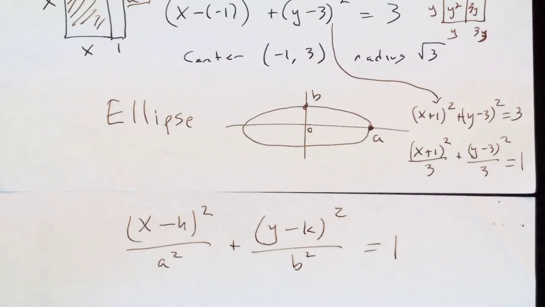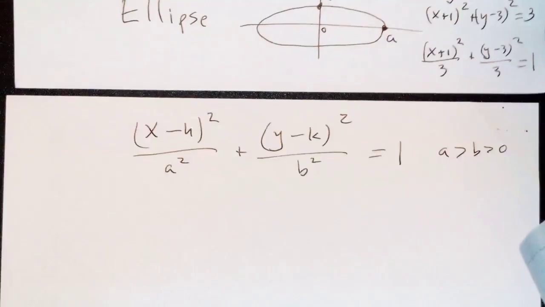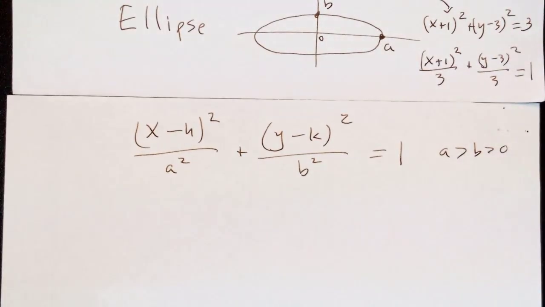If A is bigger than B, then this is an ellipse whose major axis is horizontal, because the X has the number that's bigger under it. If I switch them, then it's going to go this way.